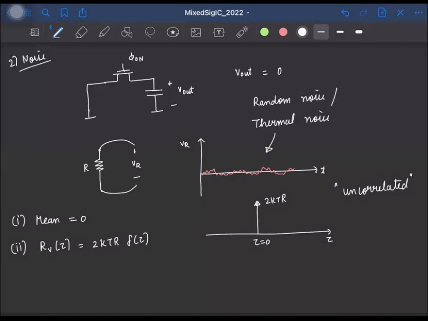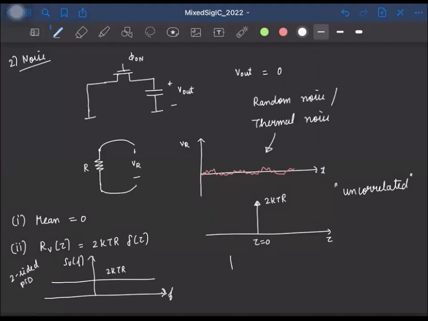And if you look at the power spectral density, which is defined as the Fourier transform of this autocorrelation function, the two-sided power spectral density will be flat. So this is f, this is say SV of f. It will be constant and equal to 2 kTr. So this is the two-sided PSD.